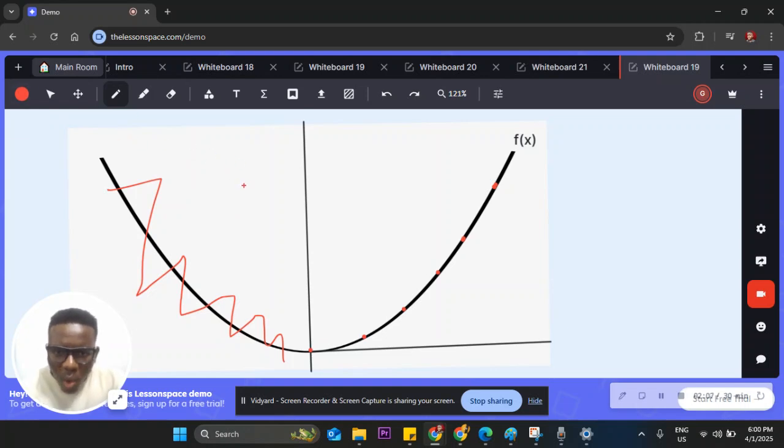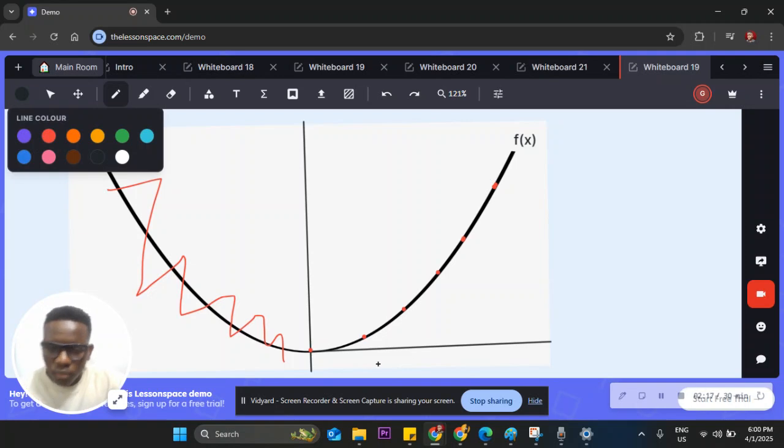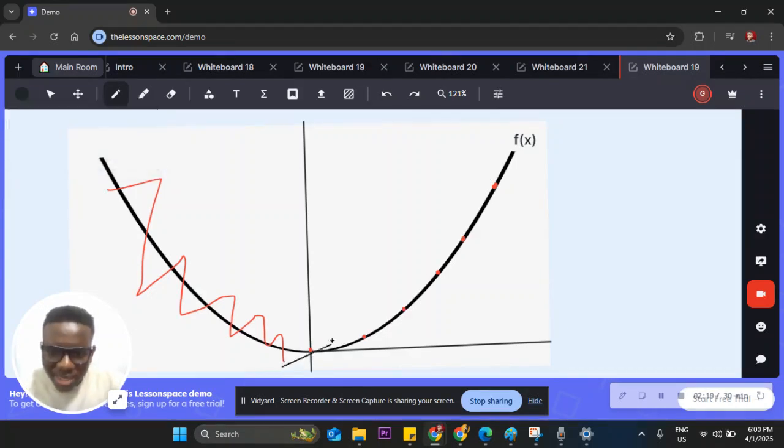Then, when we come here, we might say a very important parameter is actually the speed. So can I find the speed out of this? That proves to be fairly difficult, but one thing that I can do is to find at least an approximation of the speed by taking this. So I can say between this point and this point, I can approximate that the speed is the gradient of this line.